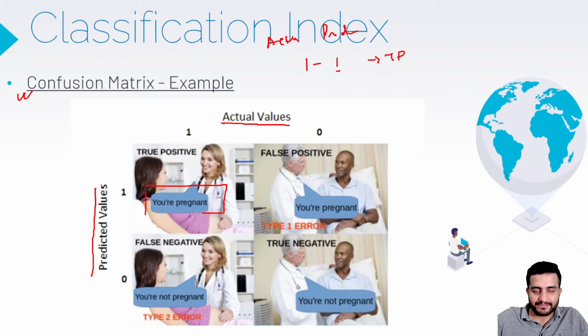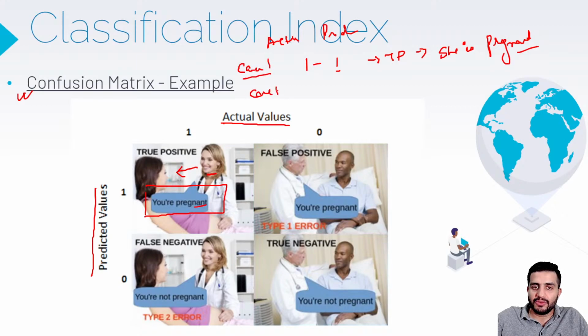So I have a doctor here and she is saying that yes, you are pregnant, and yes, that is true. She is actually pregnant. So my diagnosis says that she is pregnant, and also yes, it is true. So case 1.